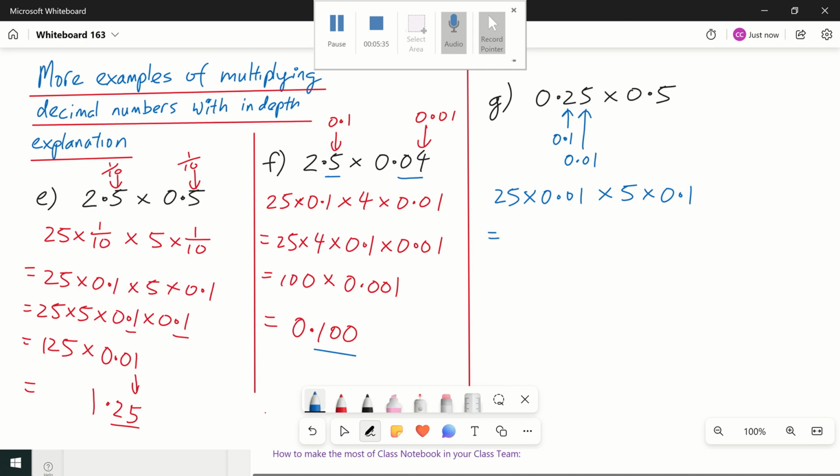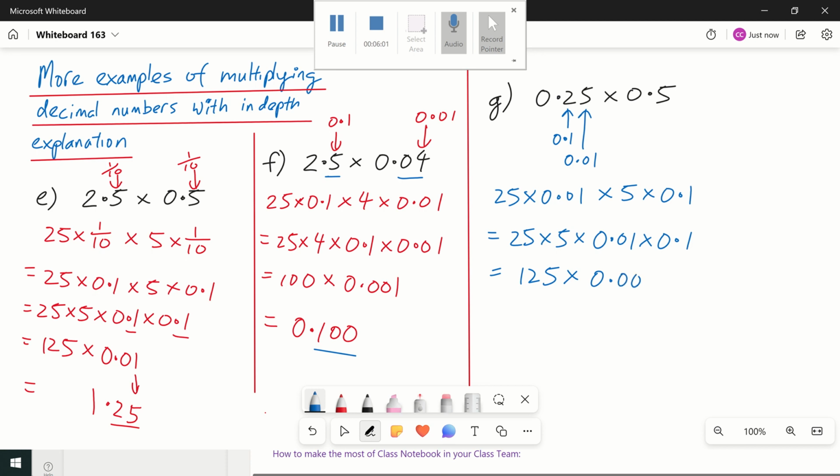Again, we're going to put our whole numbers together, 25 times 5. And of course, we're going to combine the two decimal numbers together, 0.01 times 0.1. And so we have 125 times 0.001, since in this case there are 3 decimal places.